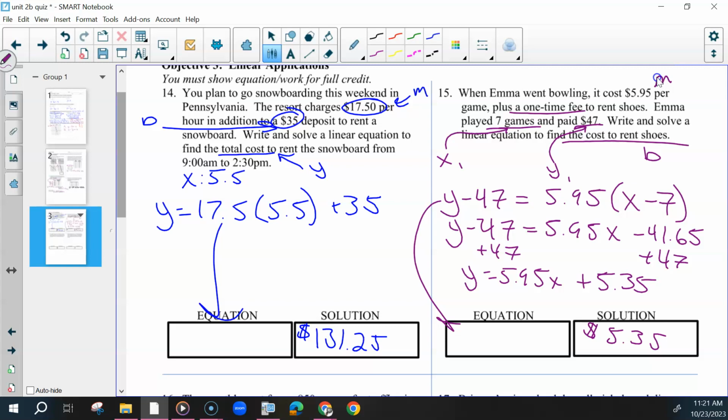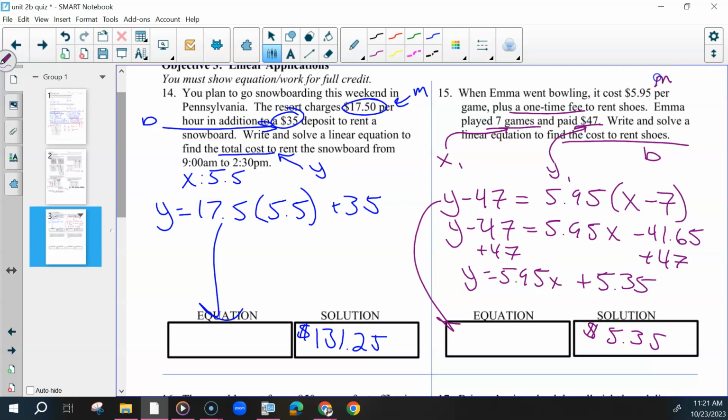How do you distinguish which variable is which? M will always say per, or for each, for every. A one-time thing, something you only do once, like you would only pay this deposit once, you would only do this one-time fee once, that's going to be your B. But in this case, we don't know what B is.